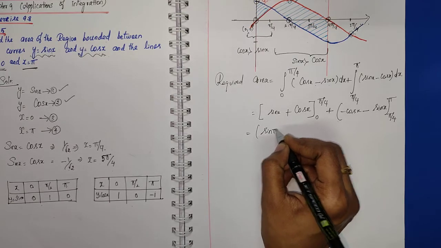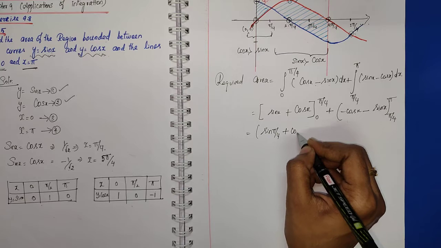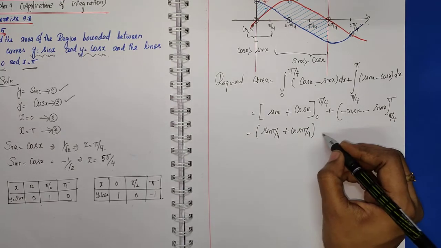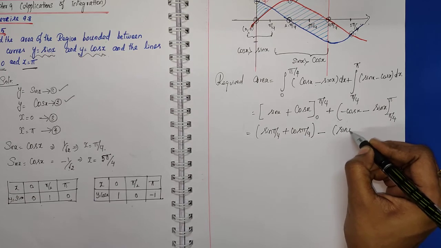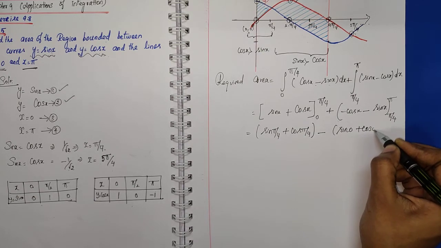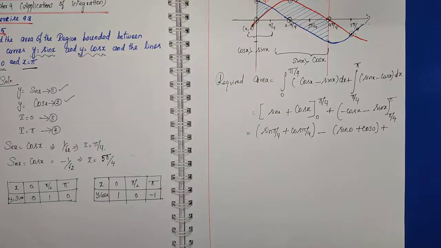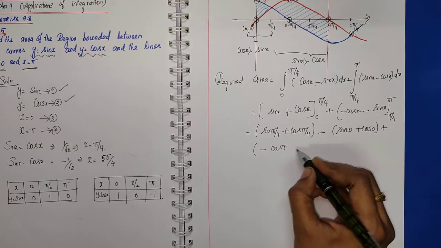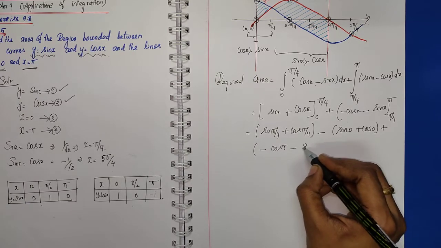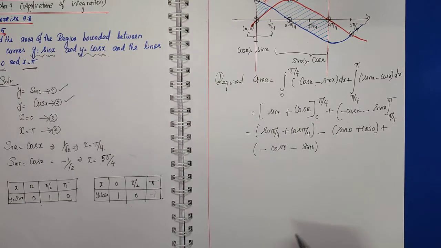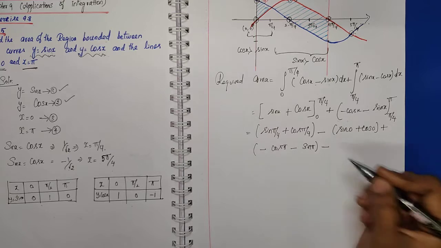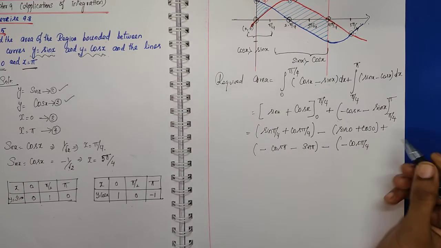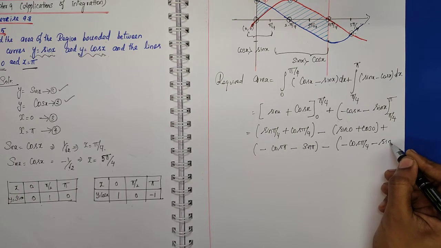Sin pi by 4 plus cos pi by 4 minus sin 0 plus cos 0, plus minus cos pi minus sin pi, upper limit, put minus sign, minus cos pi by 4 minus sin pi by 4.